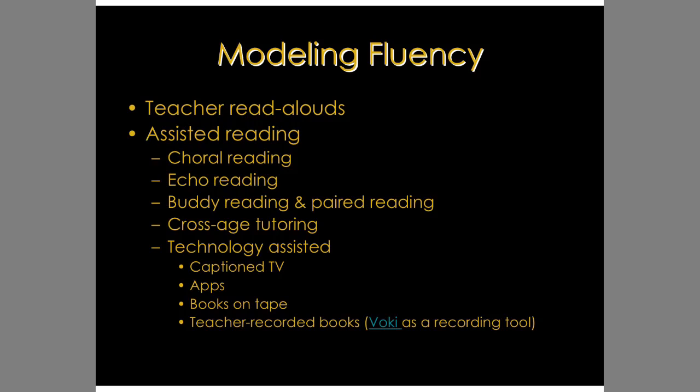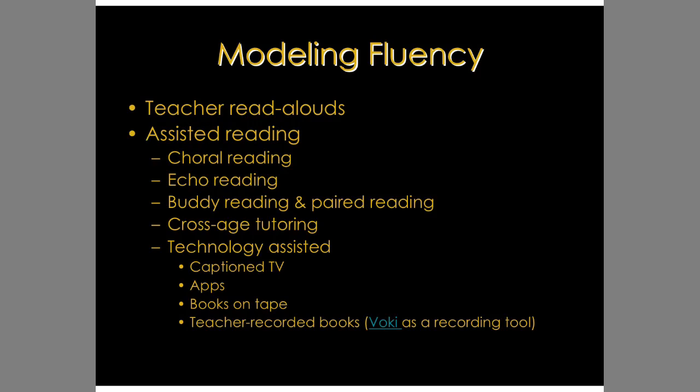So there are also forms of modeling fluency called assisted reading. One form of that is choral reading, where the teacher and the students, whether a small group of students or a whole class of students, are reading the same text aloud at the same time.